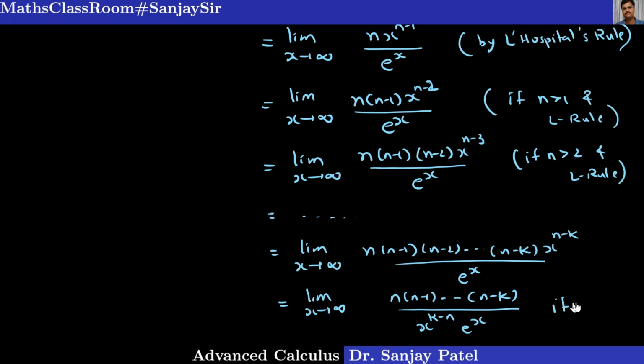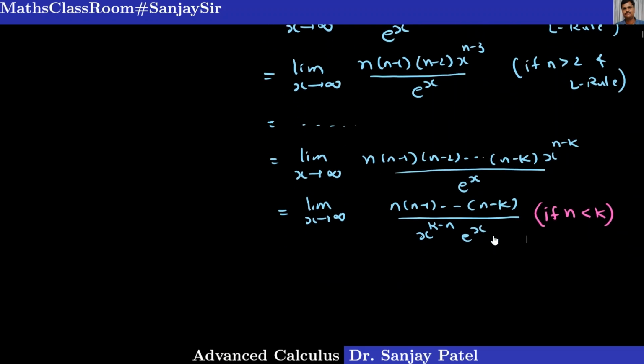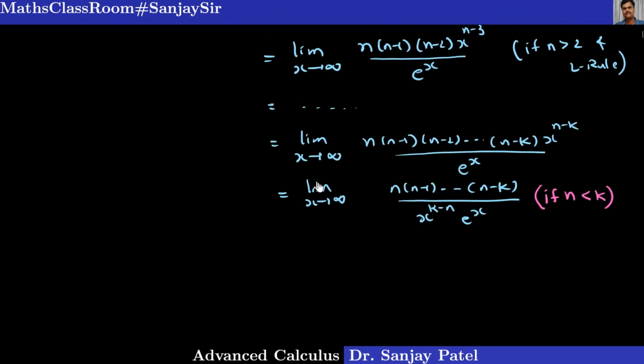Now this is something important, I'm explaining in a simple form. If n is less than k, that is n minus k is negative, then I can shift that x raised to n minus k in the denominator. And now if you find the limit of this as x tends to infinity, this tends to 0. So this whole limit becomes 0, because as x tends to infinity, 1 upon x to some positive power tends to 0, which is a known thing.